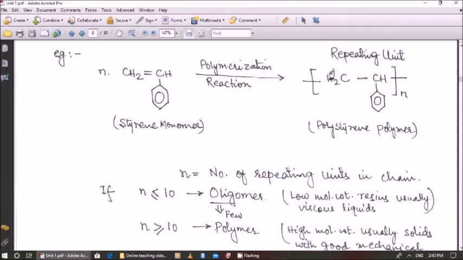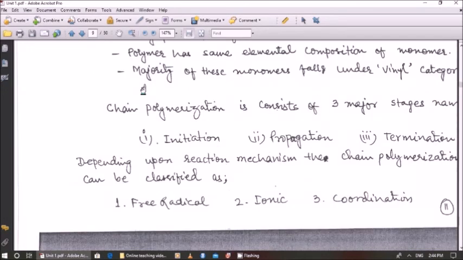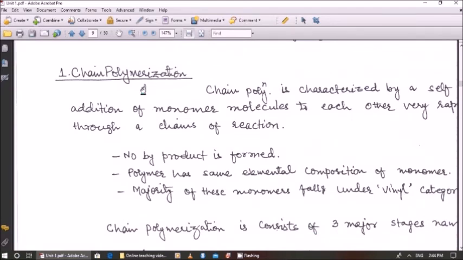So we can say the elemental composition is the same as that of the monomer. But in polycondensation polymerization, because of removal of small molecules as a condensate, the elemental composition of the polymer is not the same as that of the monomer. So this is a very important difference between chain and polycondensation reactions.